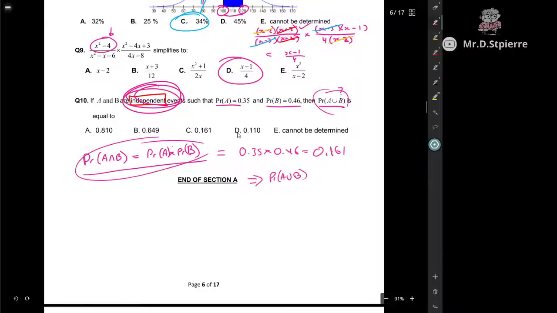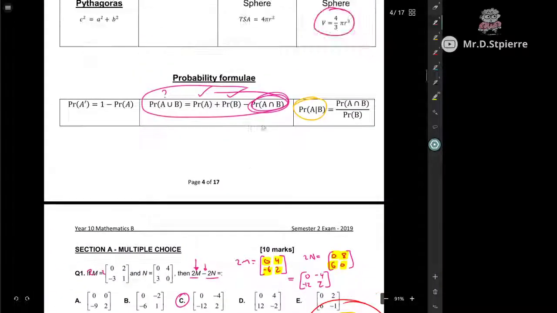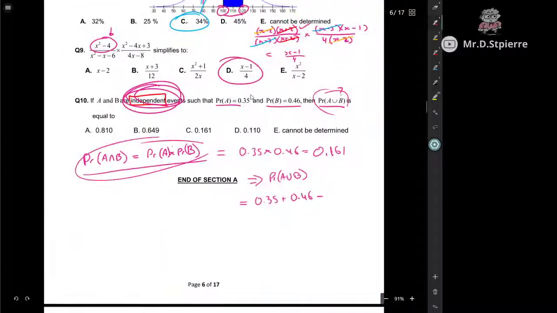A union B is equal to 0.35 plus 0.46, take away the intersect, which is going by this addition formula up here. We get 0.649, which is B. So our answer is B.